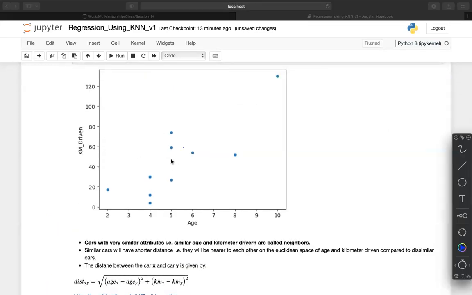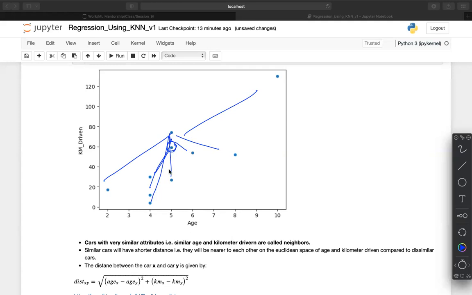So let's say I am given this particular car's information. I can calculate the distance between all the cars, because if I were to compute on a very large data set with a large number of variables, of course we can't visualize that.